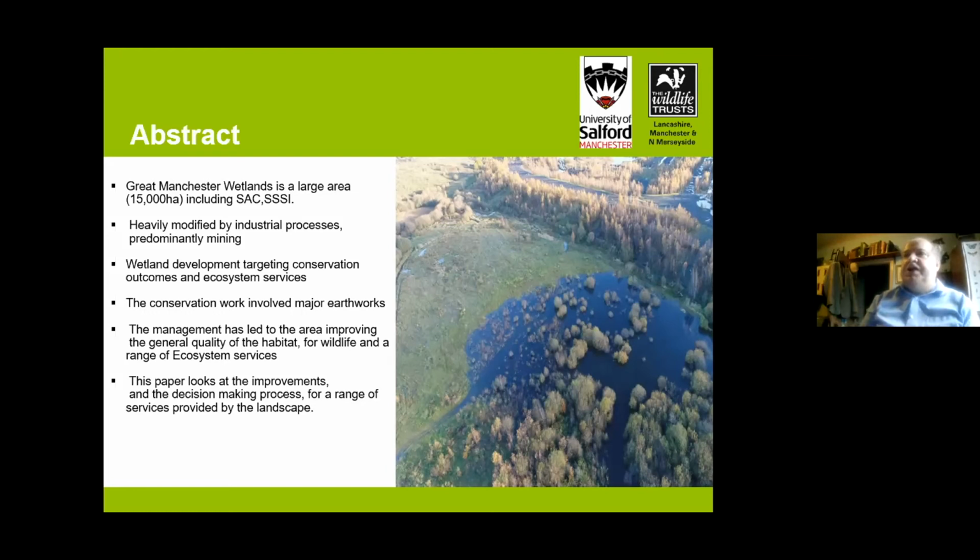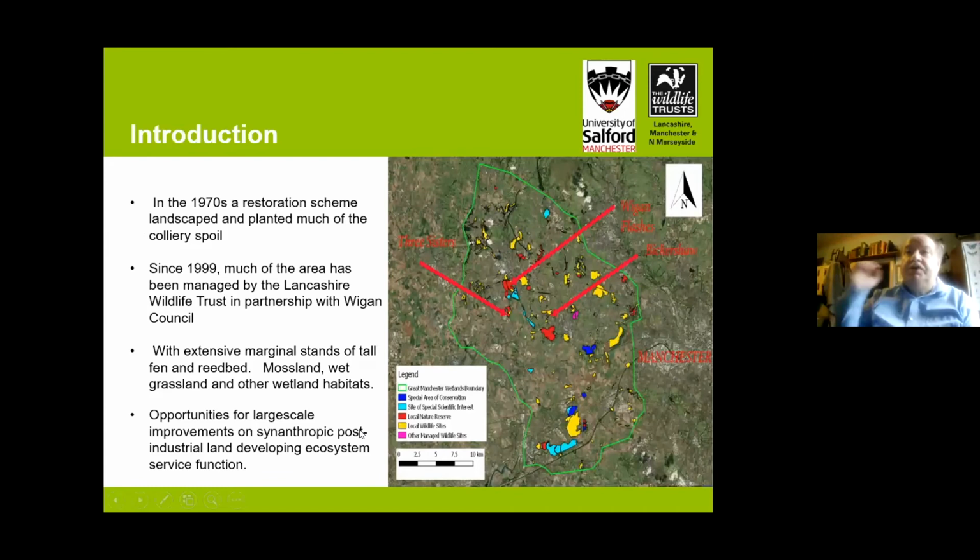Flood defence is really key, as has been mentioned by our other speakers. So there's a whole range of these functions that this landscape can provide. So here we are in the 1970s, the restoration scheme of the landscape planted much of the colliery spoil with trees.